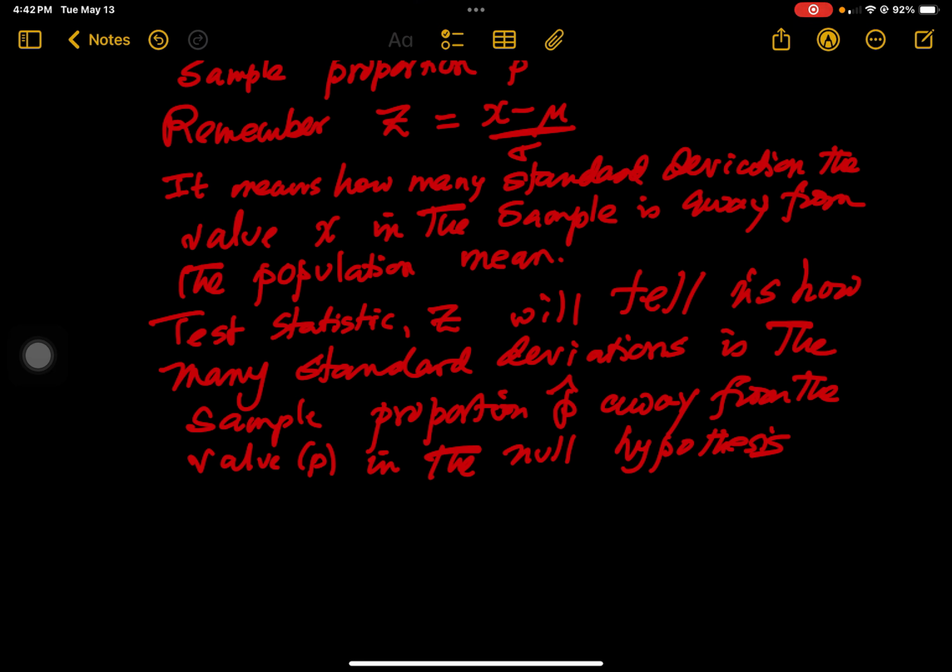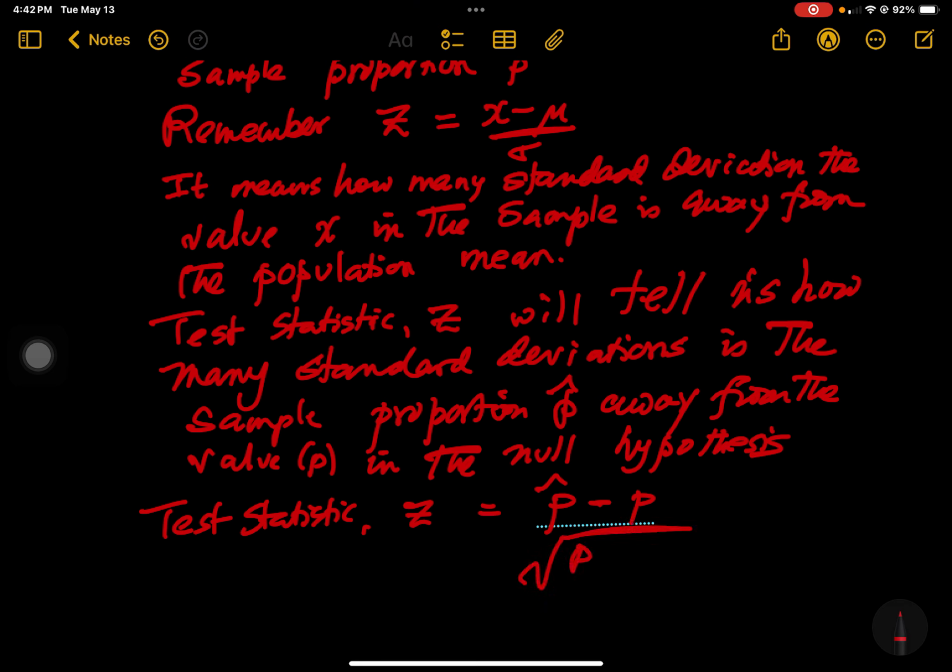So the z test statistic will be p hat minus p in the null hypothesis, divided by the square root of p times 1 minus p over n.